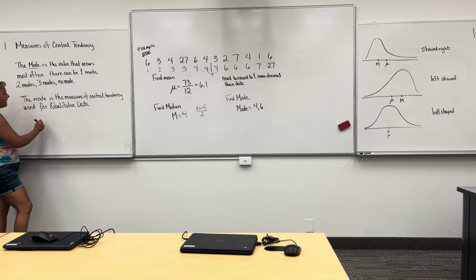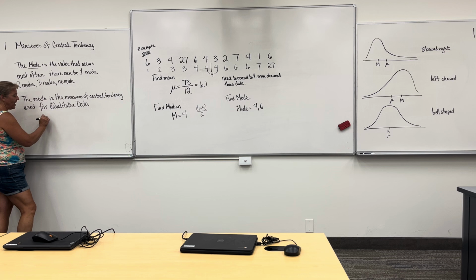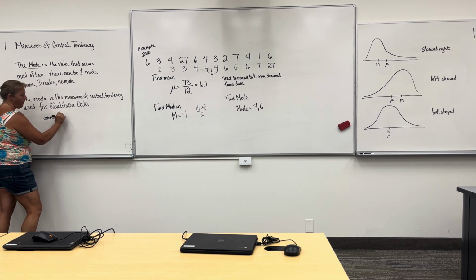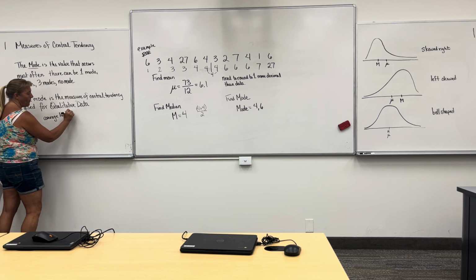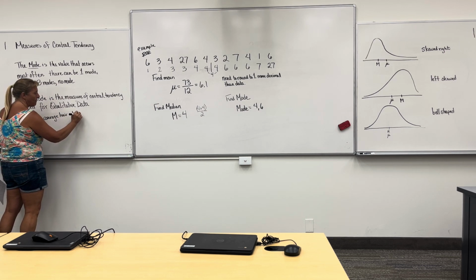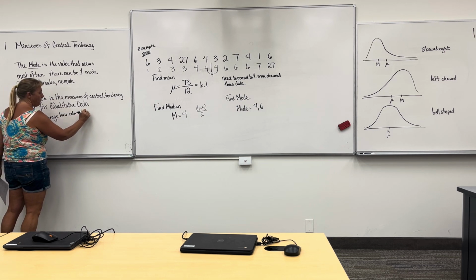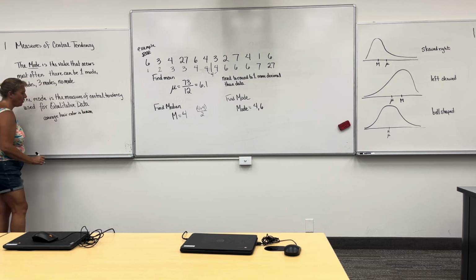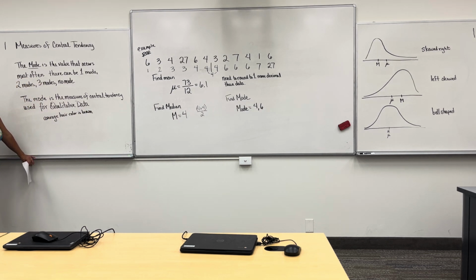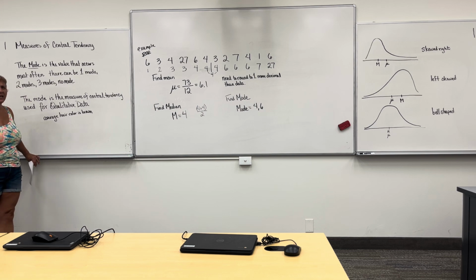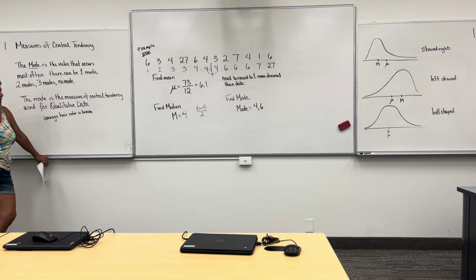So we may hear something like the average hair color is brown. Well, how do you add up hairs and divide by the total number of hairs? I don't get that. How does that work? You can't, because these guys are categories.